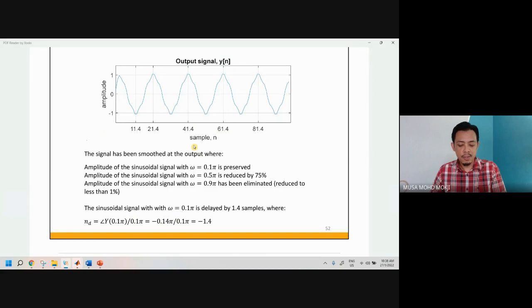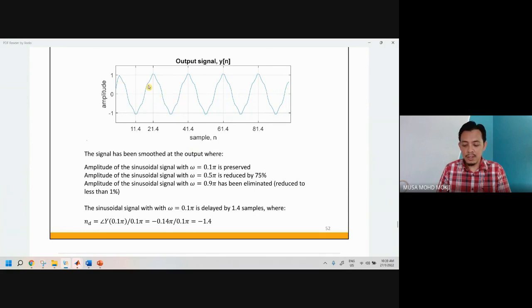So what is this actually? We still have two sinusoidal signals. One is the 0.1 pi frequency, and the other one, we still have a 0.5 pi frequency. But the amplitude of the 0.5 pi is very low, so now we can see much of the 0.1 pi frequency.